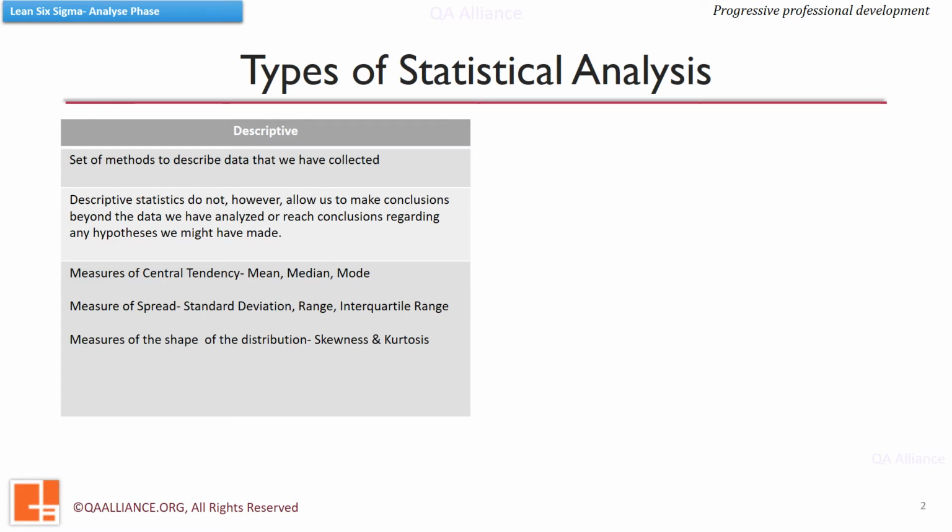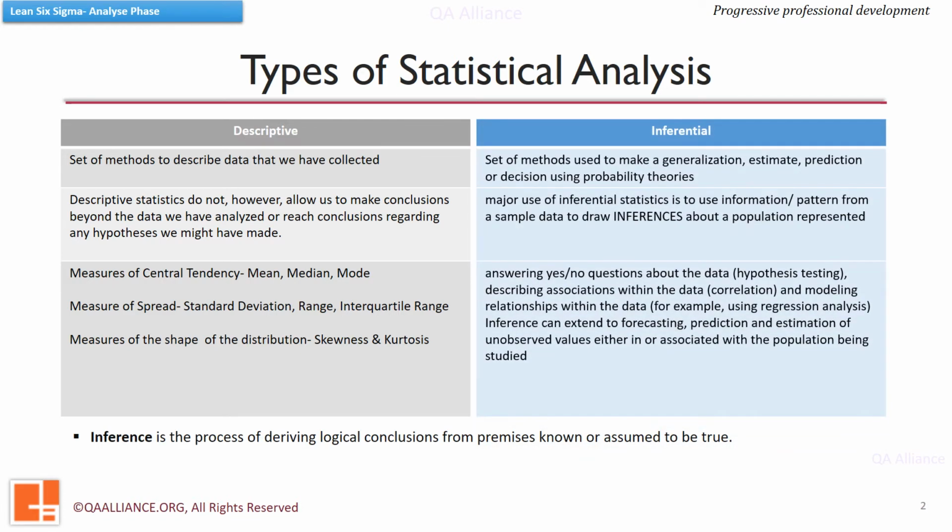This analysis is commonly called hypothesis testing, in which we make conclusions about what we are inferring from the data. So inferential statistics comes into the picture when we want to make generalizations, estimates, predictions or decisions using the data with the help of probability theories.